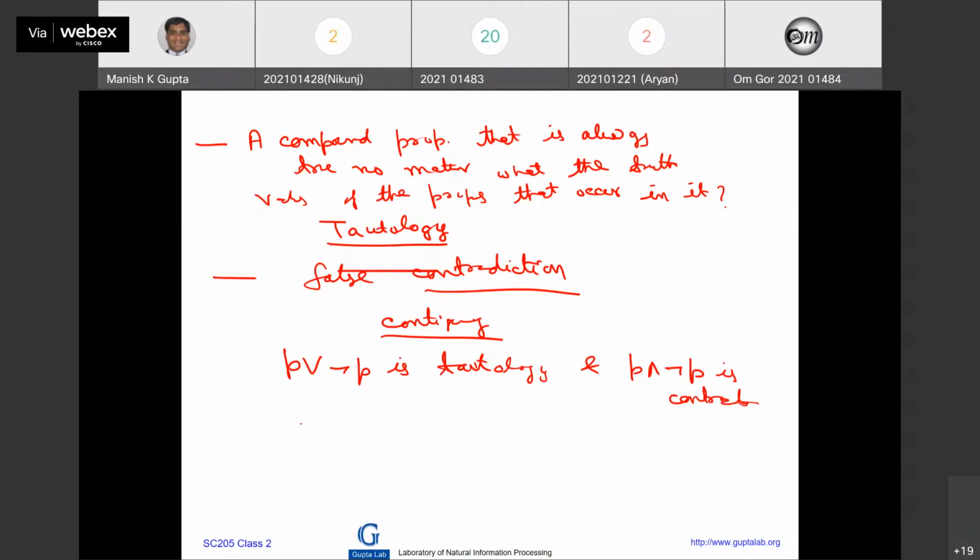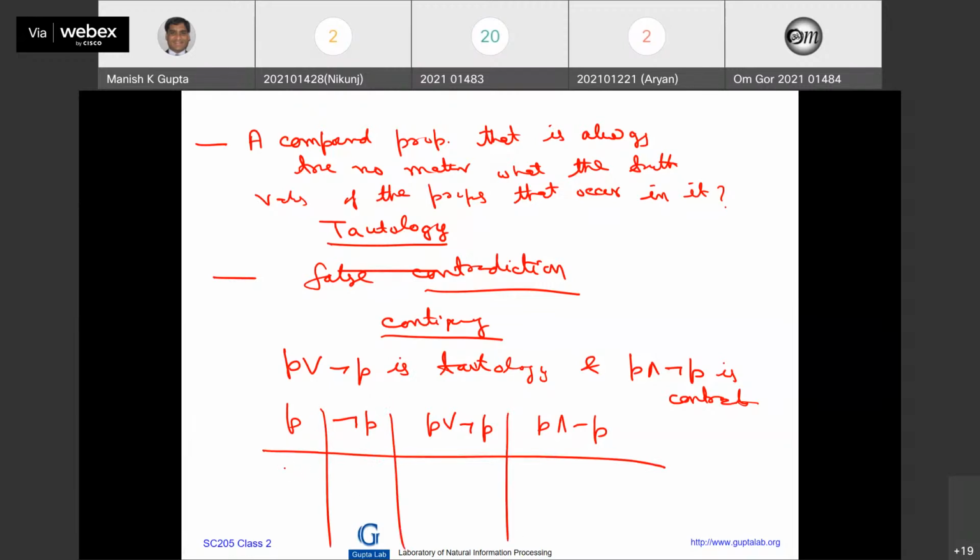How will you prove it? P, negation of P, P join negation of P, P meet negation of P. Everything is done here with truth table. So as long as you can make a truth table, your life is easy. You can see that this is tautology, this is contradiction, right? So this is an easy thing to do.